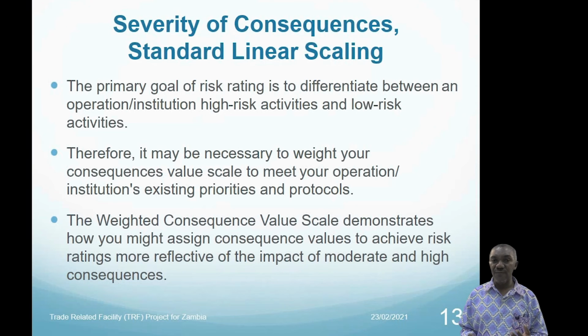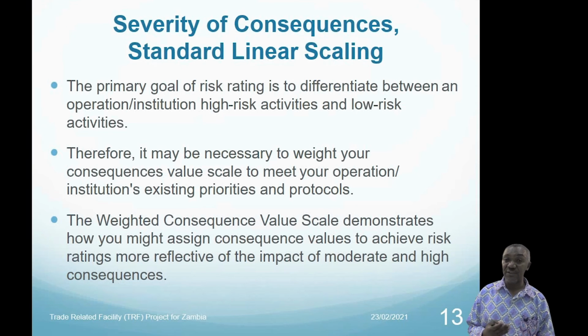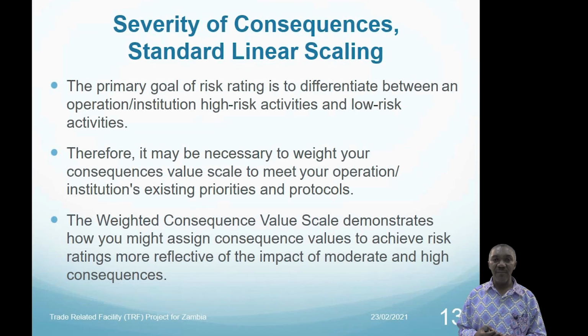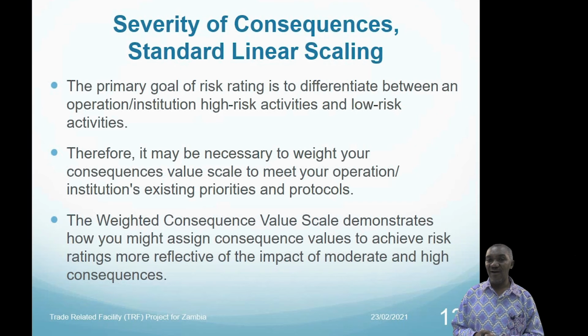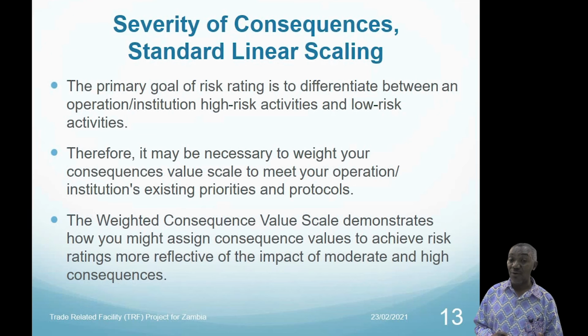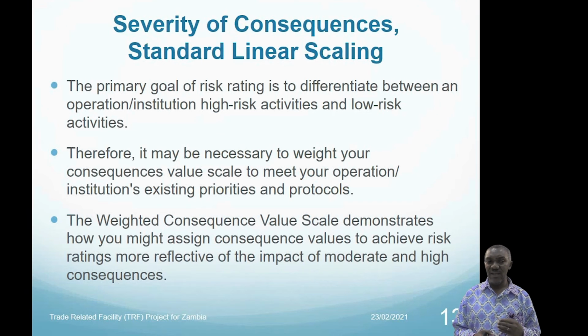So the primary goal of risk rating is, of course, to differentiate between an operation with high risk and low risk, so that it can help us to quantify or choose which is the best option among the many choices that may be confronting you. Now, if you look at the cases that I've presented, we have E. coli, which has a high likelihood of occurrence.